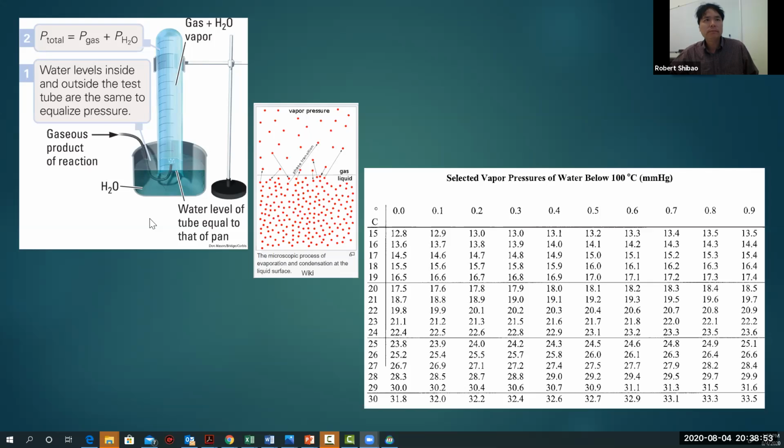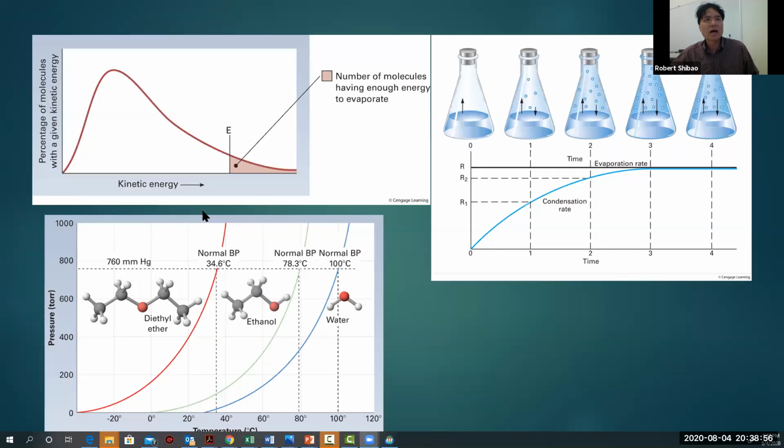Now, the average kinetic energy goes up at higher temperatures, but let's say we're at room temperature, RT. It'll probably be easiest. So at room temperature, not every single water molecule has the same kinetic energy. Most of them are going to have a kinetic energy around here.